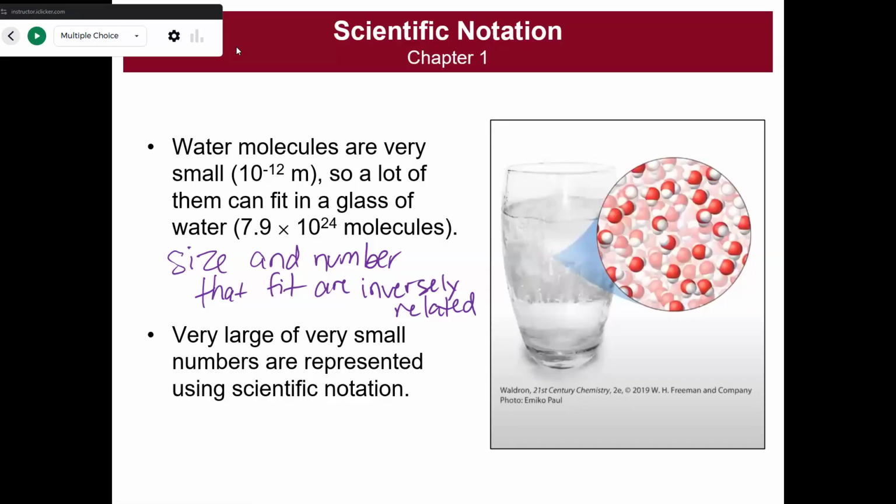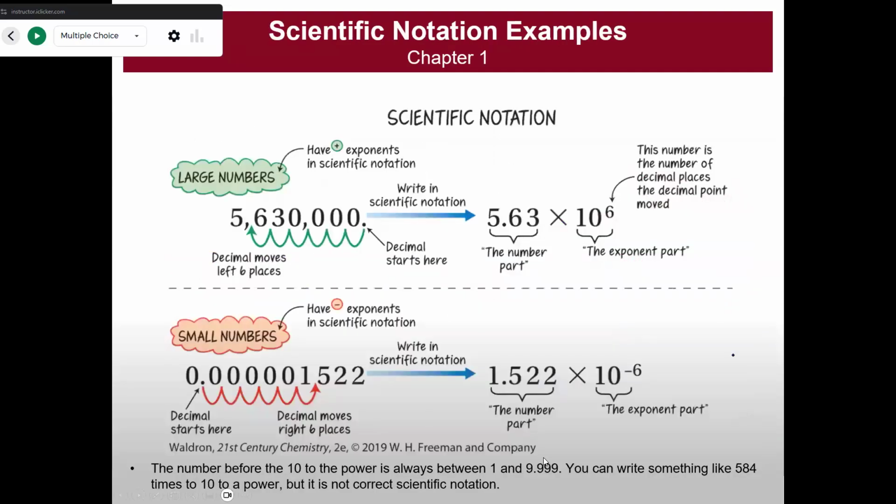So let's take a look at some scientific notation. This infographic tells you about scientific notation. Big things to take away from here is that when you're writing a big number in scientific notation, it's going to have a positive exponent. When you're writing a small number in scientific notation, it's going to have a negative exponent.